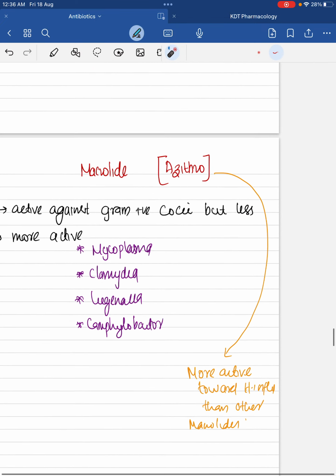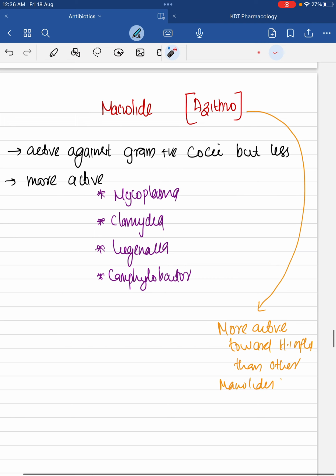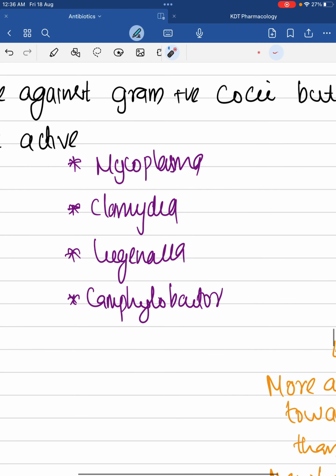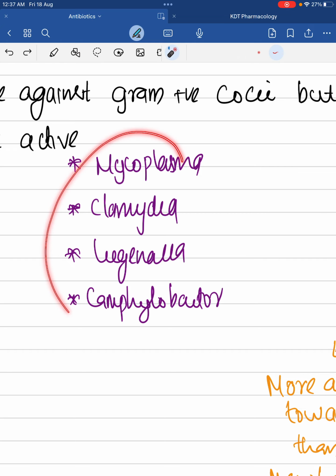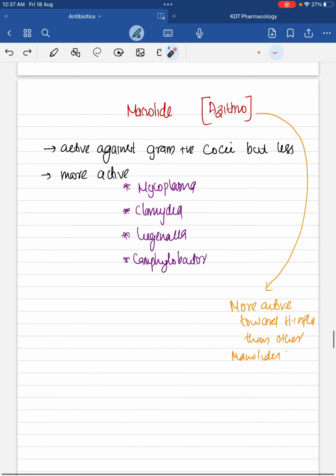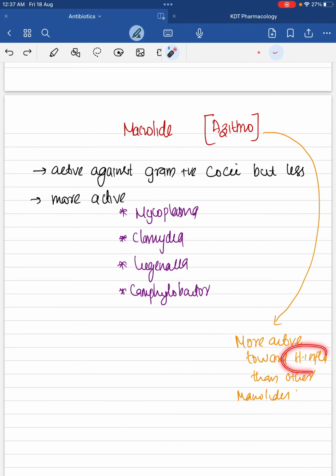So now let's see the macrolides. The best classical example is azithromycin. They act against atypical bacteria like mycoplasma, chlamydia, legionella, campylobacter. Azithromycin is more active against Haemophilus influenzae also.